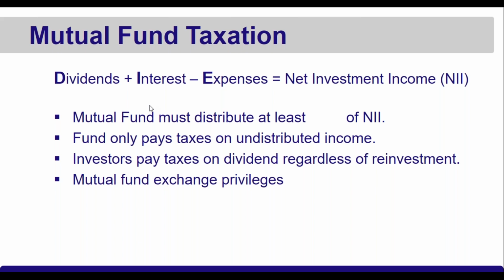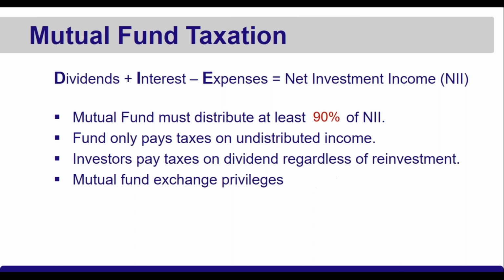So the tax code has a provision in it called Subchapter M. It's not listed here, but Subchapter M says that if a mutual fund can prove that it's acting as a conduit or a pipeline, then no taxes at the corporate level will be due on that net investment income that's distributed to its shareholders. But to qualify for this, they have to prove that they are distributing, as you see, at least 90% of the net investment income.